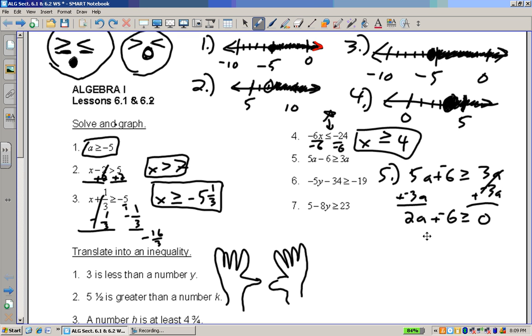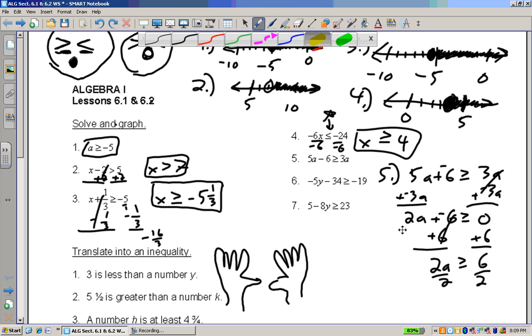First addition or subtraction. Then multiply, divide. And be careful. Are we dividing by a negative? In other words, is the number with the variable a negative? Well, no, it's not. These numbers here that I've divided both sides by, those are not a negative.